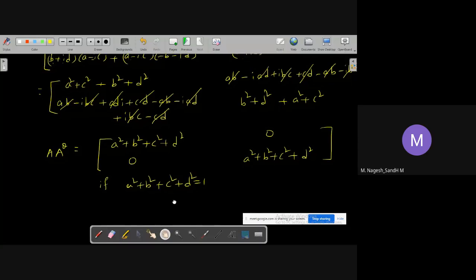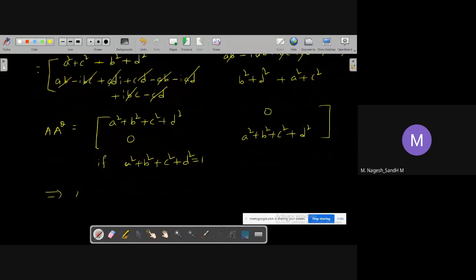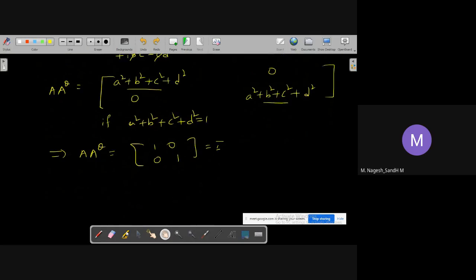If a square plus b square plus c square plus d square equals 1, then A into A power theta equals the matrix 1001. If this value is 1, then it will be identity. So A into A power theta equals identity, which implies A is a unitary matrix.